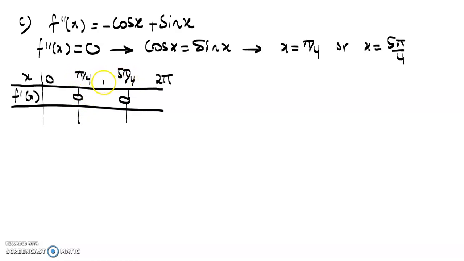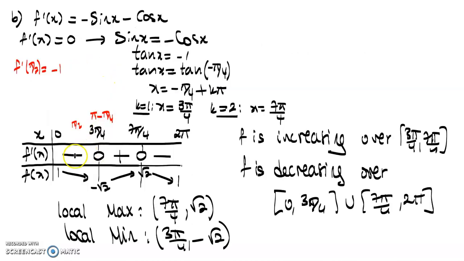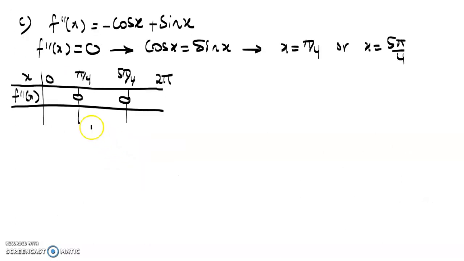Now, similarly to how we determined the sign of f prime when we were setting up the table of variations, by testing f prime at particular points over each interval, we basically do the same thing here by choosing random points inside each interval and evaluating the second derivative at those points.